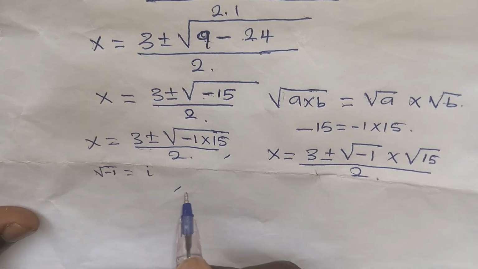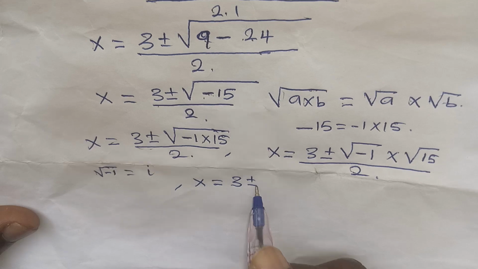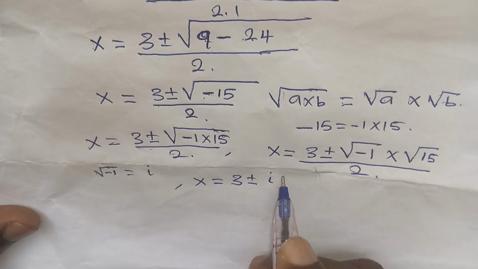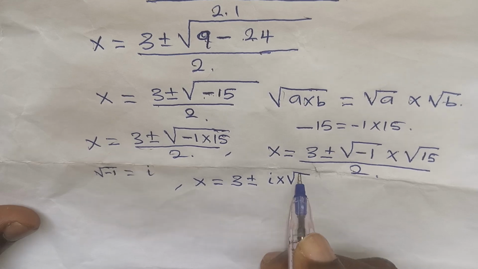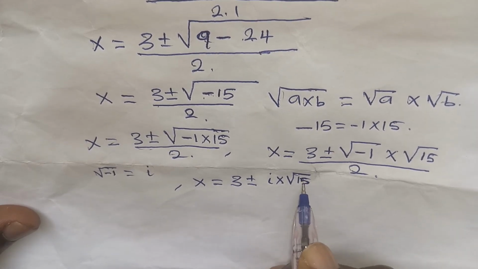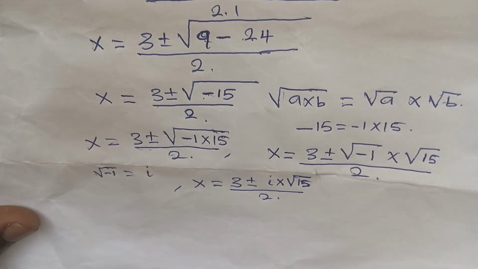So we can say x is equal to 3 plus or minus, wherever we see the square root of negative 1, we put i times the square root of 15, divided by 2.